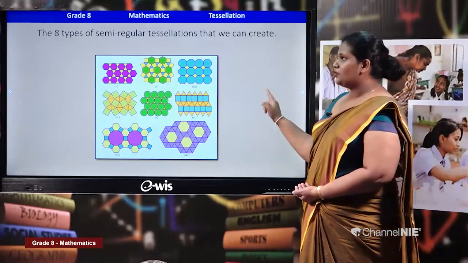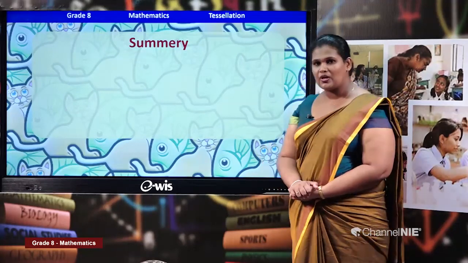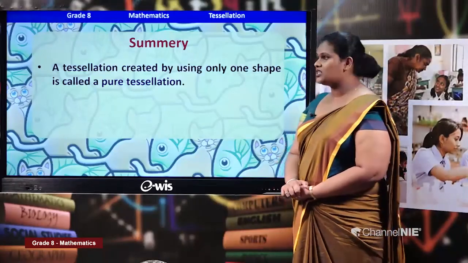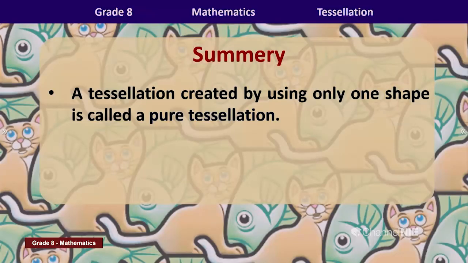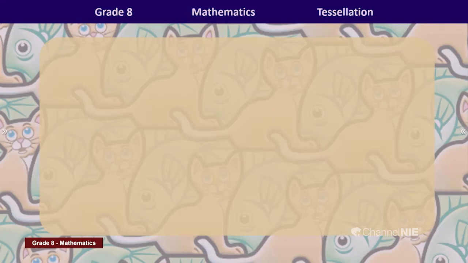Right. Before winding up the lesson, I thought of summarizing what we have learned today. First of all, we have learned what a tessellation is. A tessellation created by using only one shape is called a pure tessellation. A tessellation created by using two or more shapes is called a semi-pure tessellation.